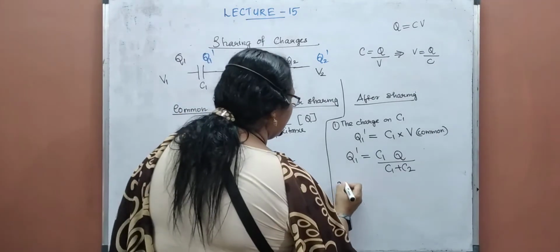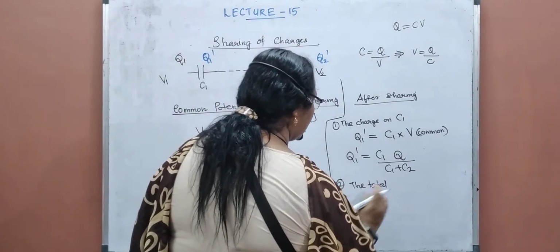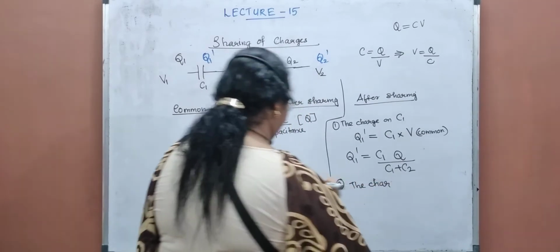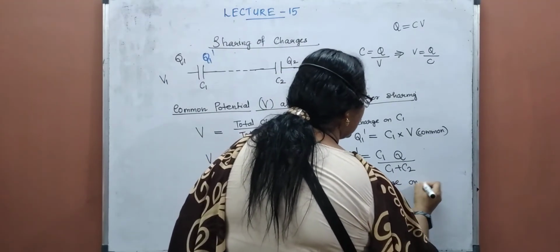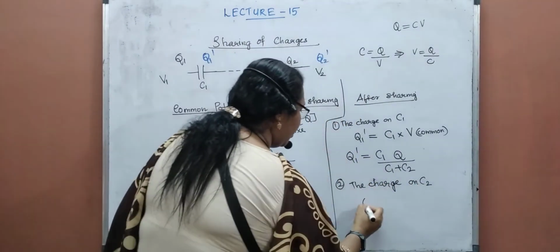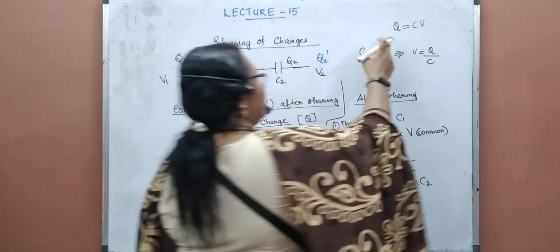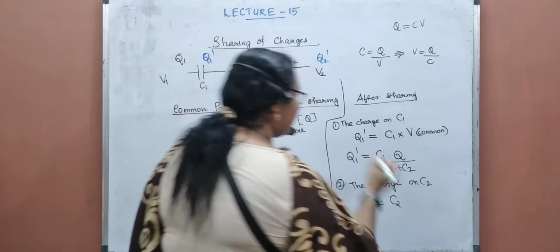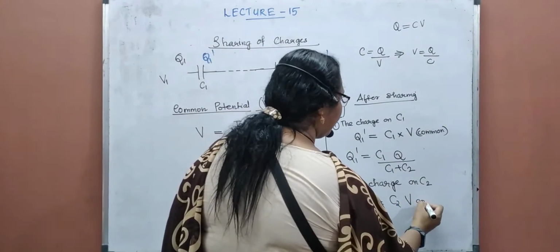Similarly, the charge on C2, Q2 dash is equal to, similarly Q is again CV. For the second capacitor, the capacitance is C2, and we have to take the common potential.